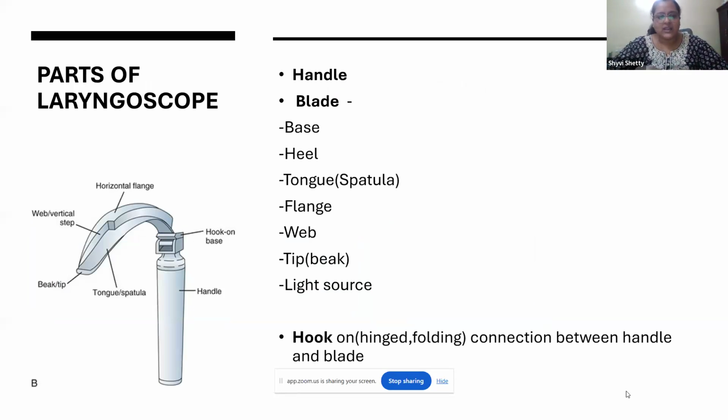The handle is held in the hand during laryngoscopy. It provides the power for light. It also has a socket to which the blade is attached. The handles also contain the batteries or use fiber optic illumination. In case they are using fiber optic illumination, there will be a green band at the top of the handle. It is available in various sizes and it has a rough serrated surface to provide a firm grip.